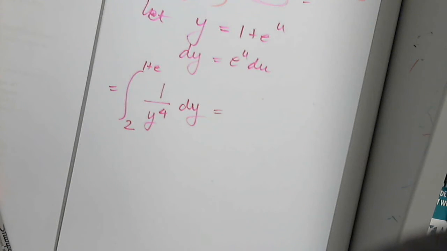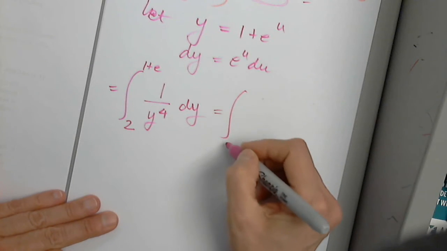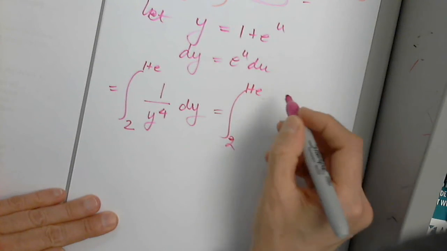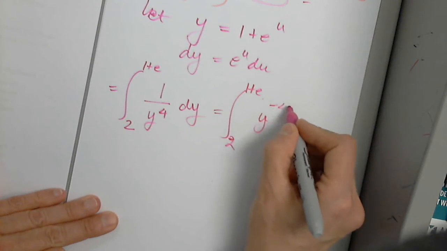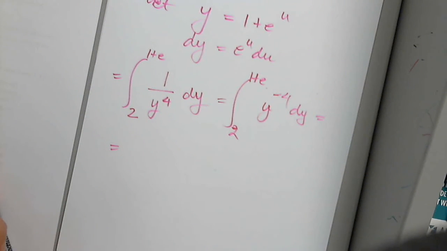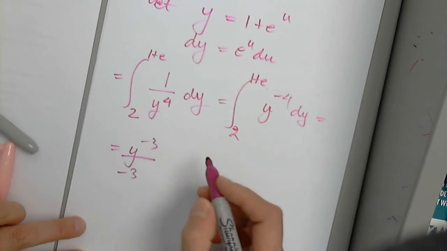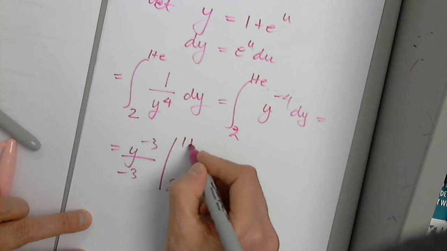Good. So what is the antiderivative of 1 over y to the 4th? Better to rewrite it as y to negative 4. What is the antiderivative of y to negative 4? Very good. Awesome.